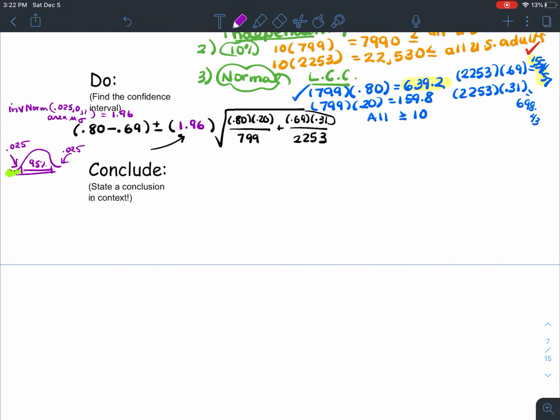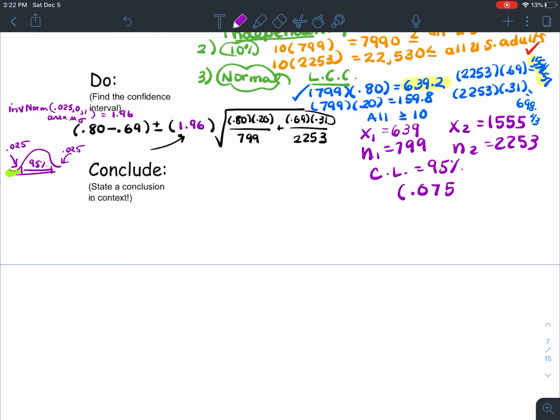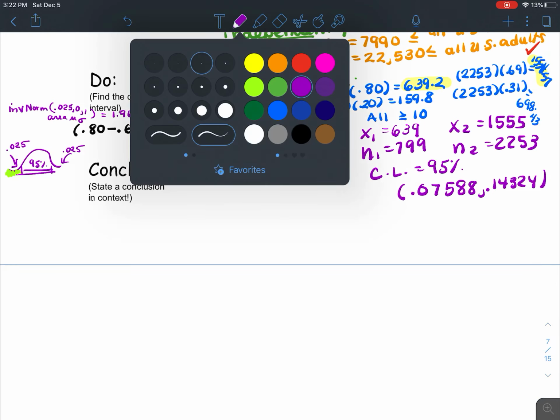So for this do step, we would write down the number of successes from the teens, 639, sample size 799, number of successes from the adults, sample size, and we would say the confidence level is 95%. Okay, then we would report the confidence interval.